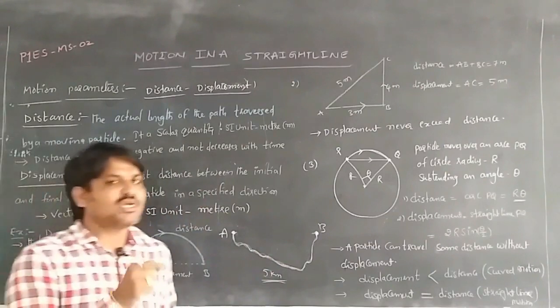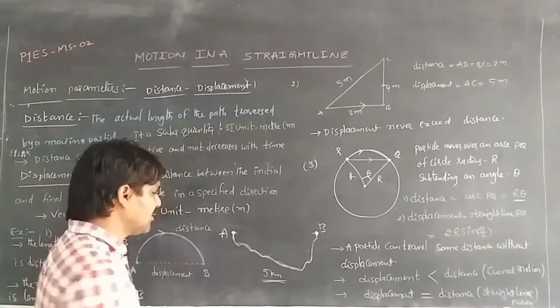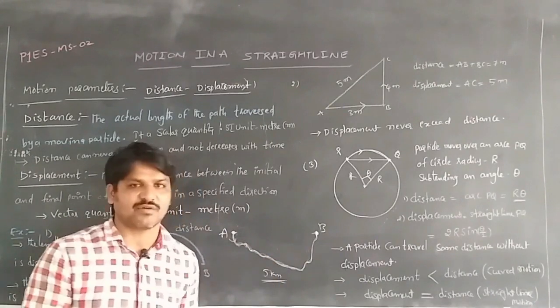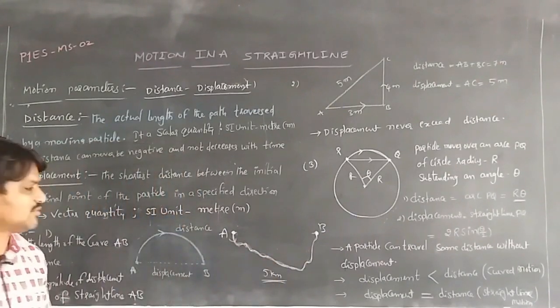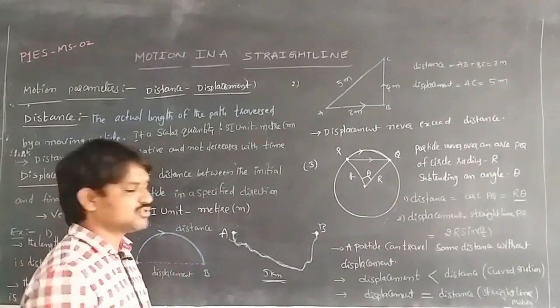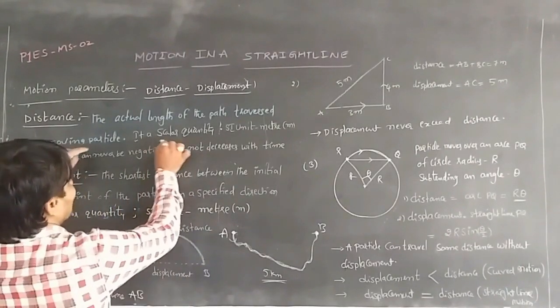It has only magnitude but no direction, because the path may have different directions. So it is a scalar quantity. A scalar quantity is a physical quantity which has only magnitude but no direction. Here, distance has only magnitude but no direction, so distance is considered a scalar quantity.